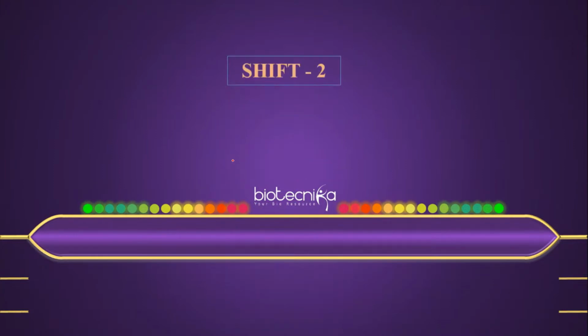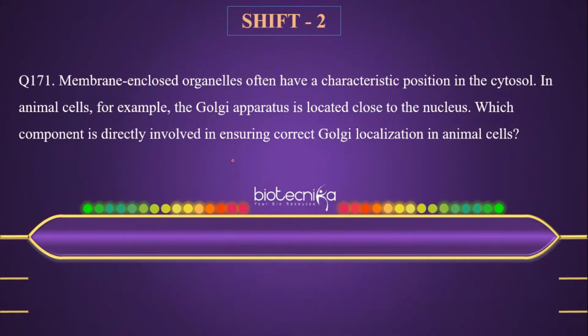The first question to you is, again, shift 2 also had part B questions that were very easy and direct. Membrane enclosed organelles often have a characteristic position in the cytosol. So when it comes to animal cells, for example, the Golgi apparatus is located close to the nucleus.